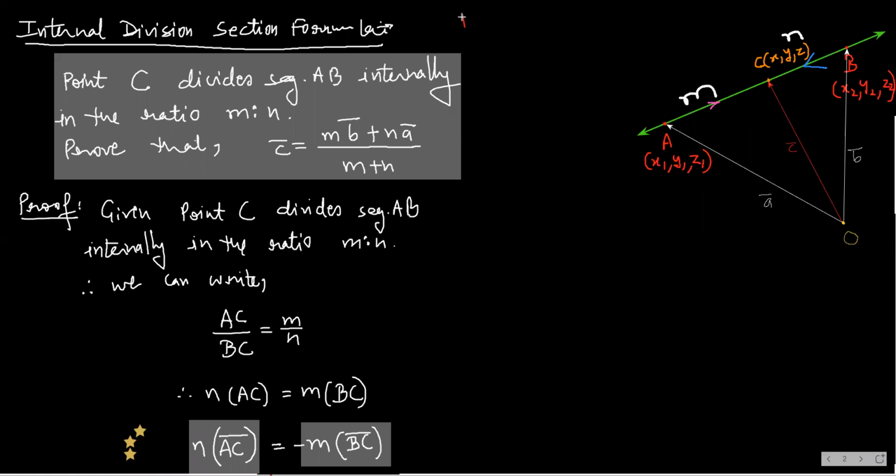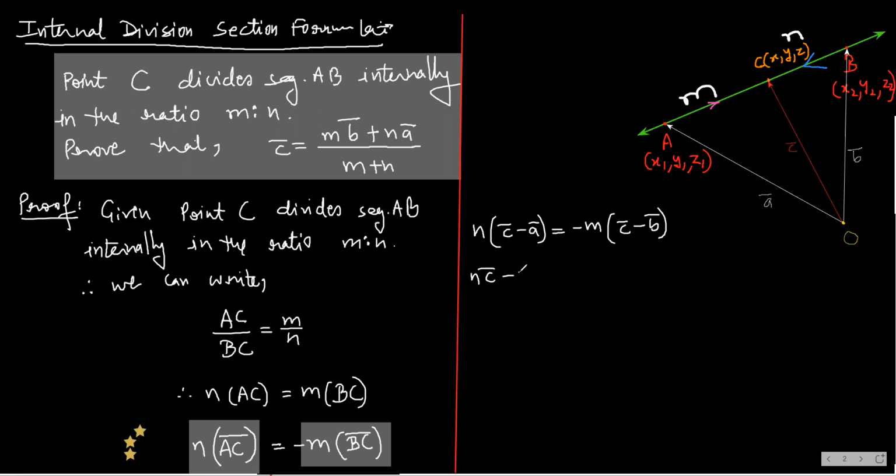Now we move to the next part. See what is the next part. AC bar is a displacement vector. So the next step, n(C bar minus A bar) equals minus m(C bar minus B bar). Then I will multiply n inside.